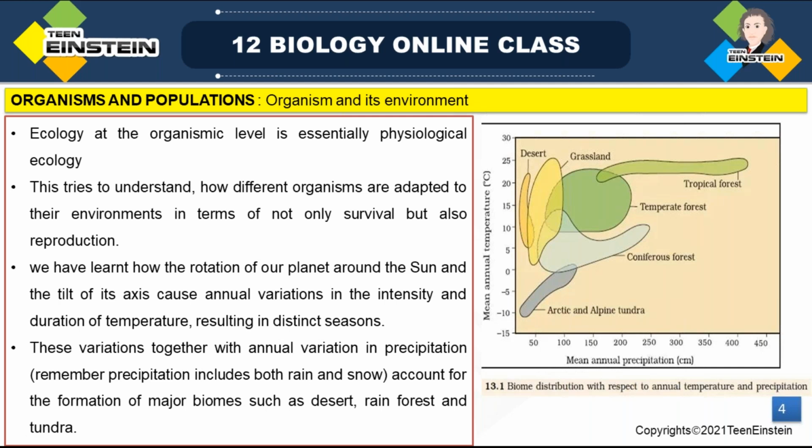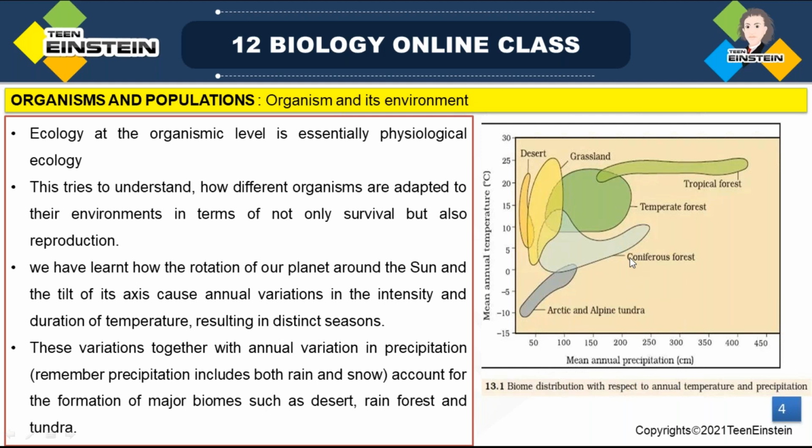So for that, you should have an idea about the character or the feature of each biome. See here, we have marked coniferous forest, but in the question they won't mention it as a coniferous forest. Here, the marked portion X or Y or A or B, what is that? It belongs to dash biome.